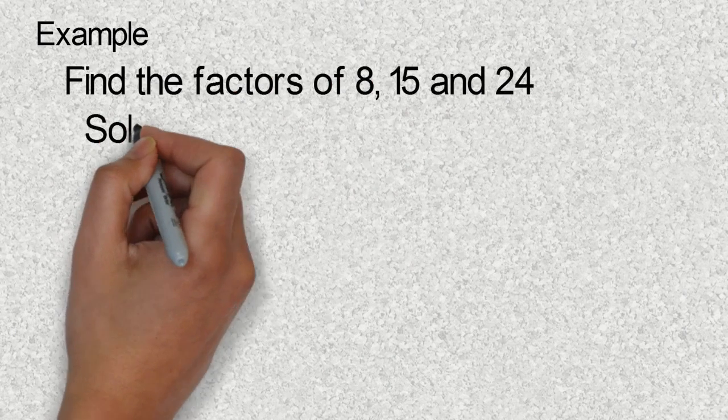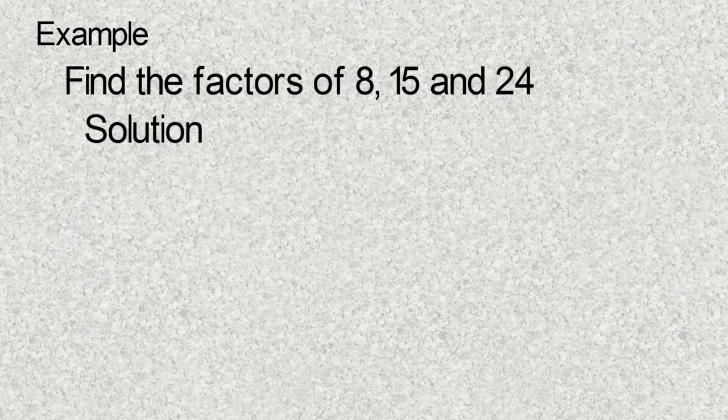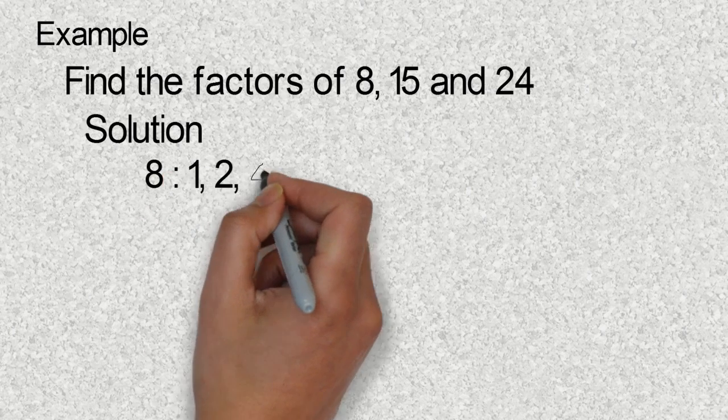If you can remember, I taught us how to find factors in JSS1. So I'm going to be listing the factors of 8, 15, and 24 for us here too. And I said a factor is a number which when divided into a number gives no remainder. So 8 has factors 1, 2, 4, 8.